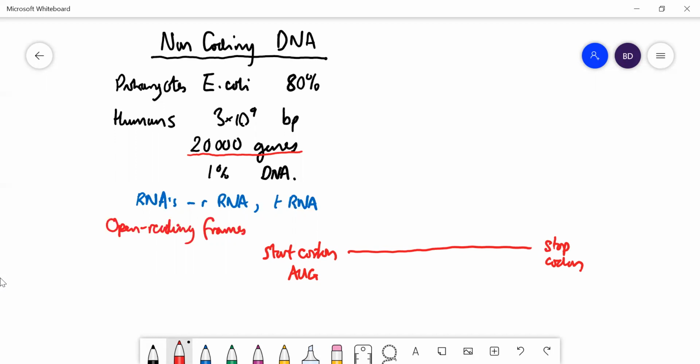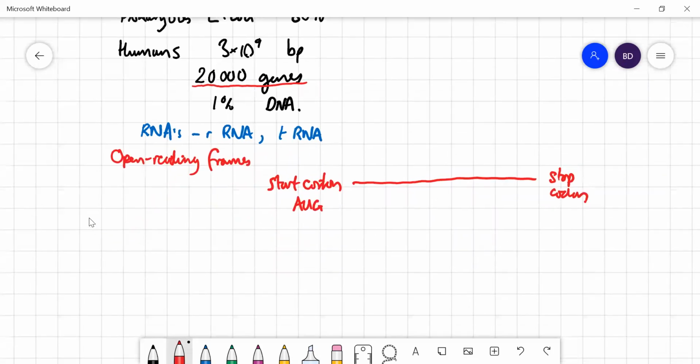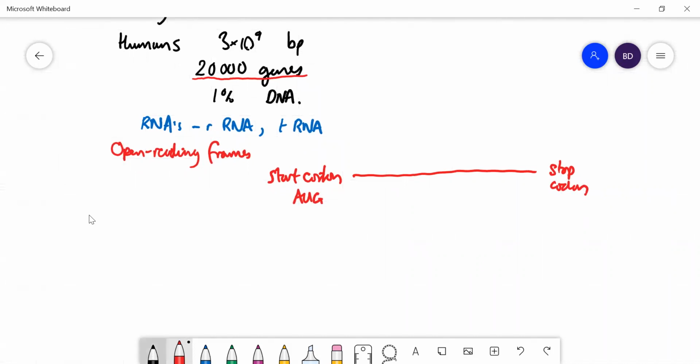But let's have a look at the structure of a gene, because even within an open reading frame, not all of it is coding. So this is a so-called flanking sequence. That's not part of the gene. Then the start codon will start there. These red bits actually code for proteins, and these are called exons.